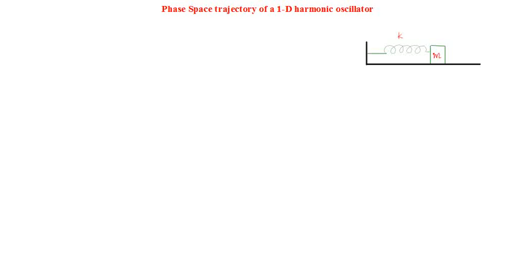Hello. In the previous video, we discussed the concept of phase space, and we concluded that a phase space is an abstract mathematical space spanned by the coordinates as well as momenta of the particles of the system. It is used to visualize the dynamics of the system, or the time evolution of the system in terms of the microstates of the system.